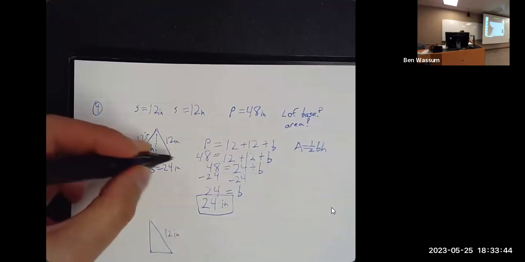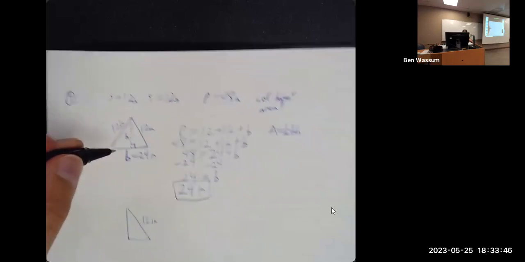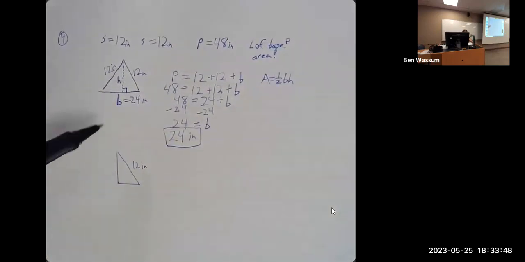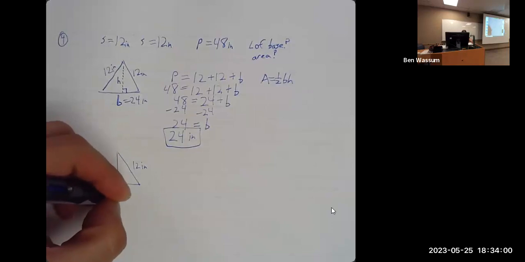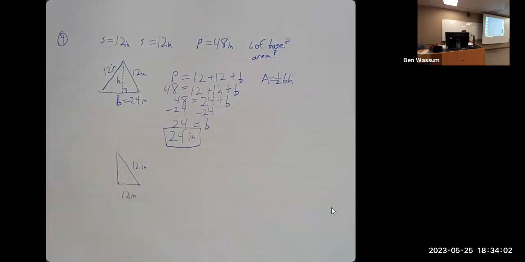And if I chop this base in half, I would still have a 12 inches down here. We got our own little equilateral triangle happening here. Well, let's see what happens.